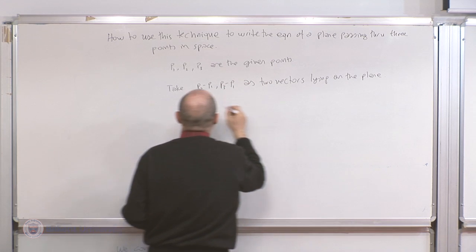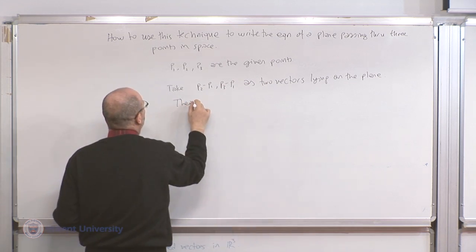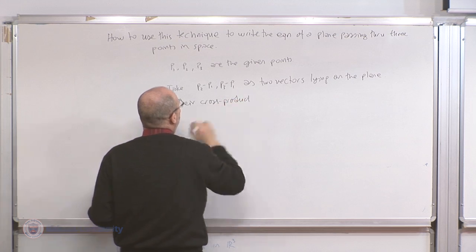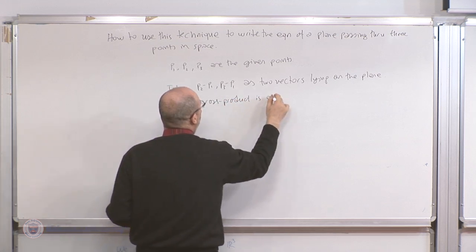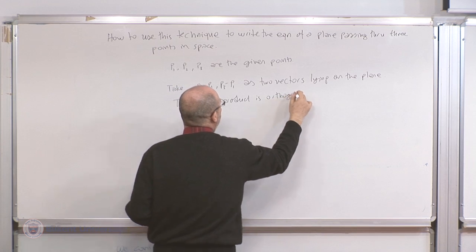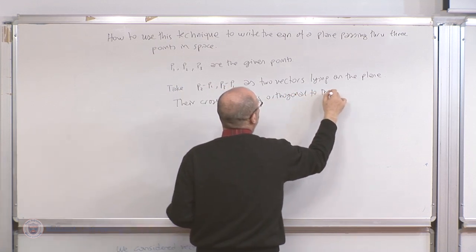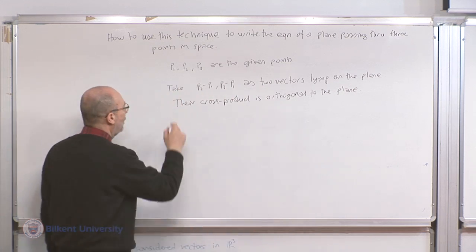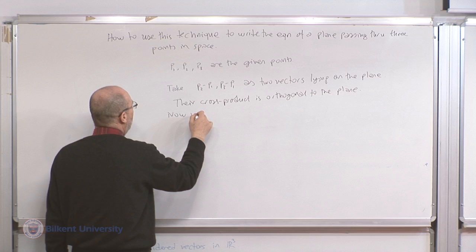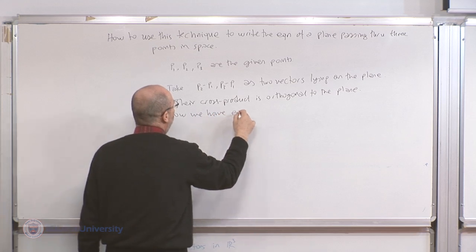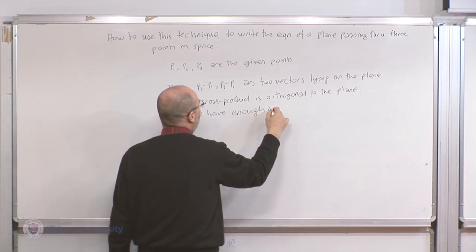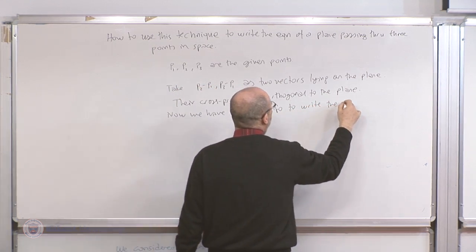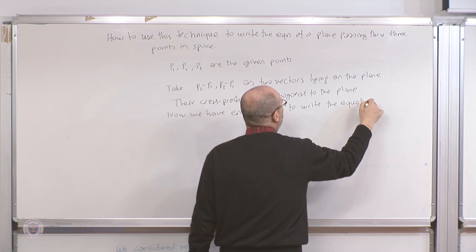Their cross product is orthogonal to the plane. Now we have all the information, enough information to write the equation of this plane.